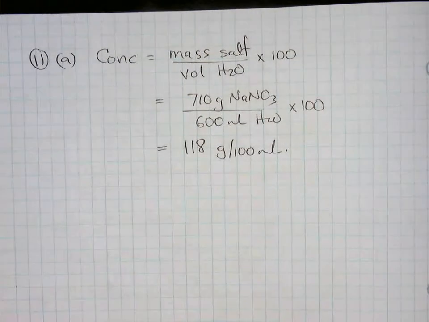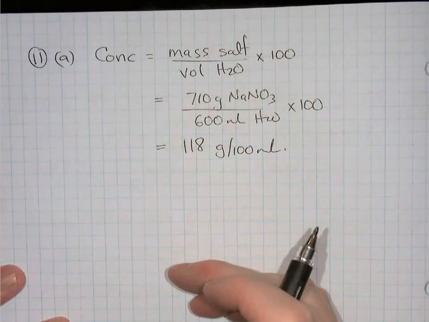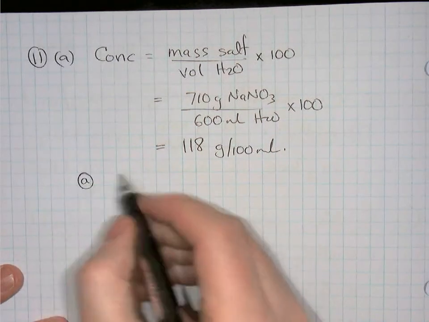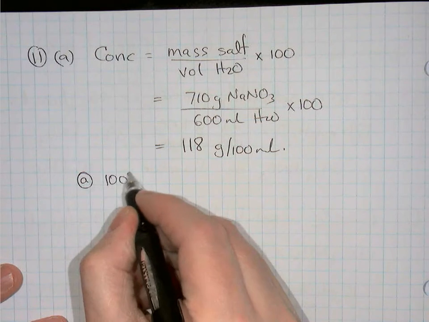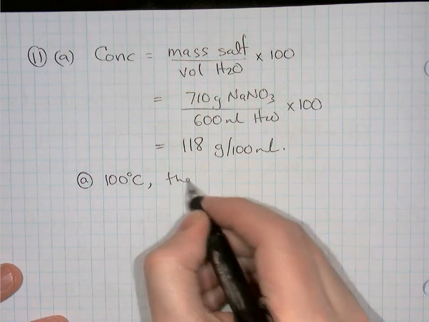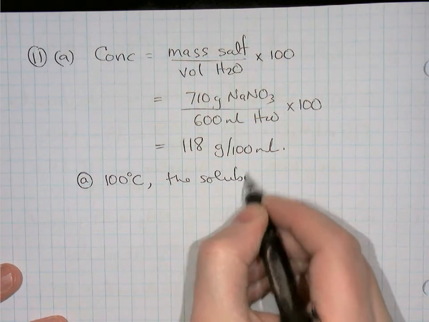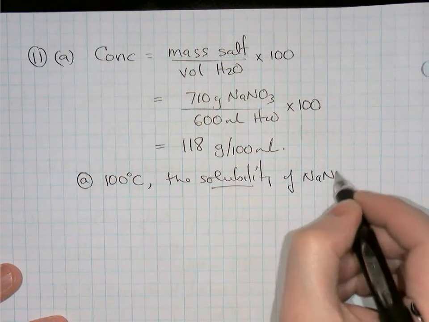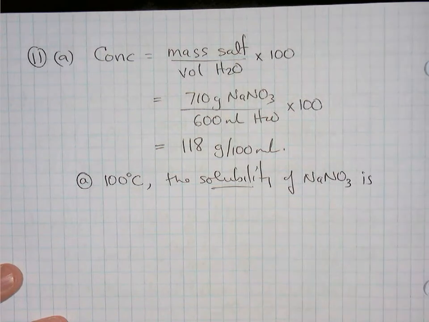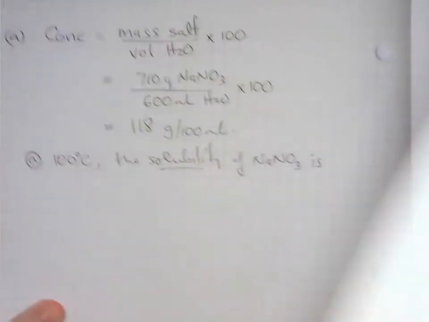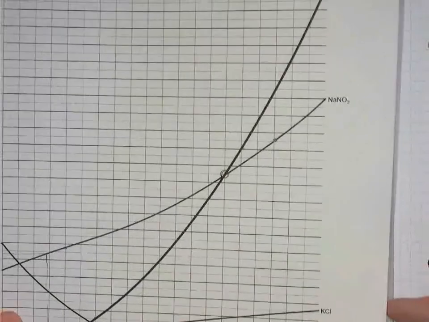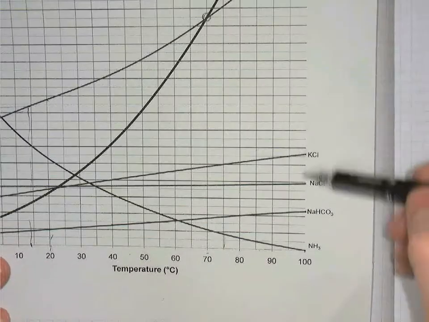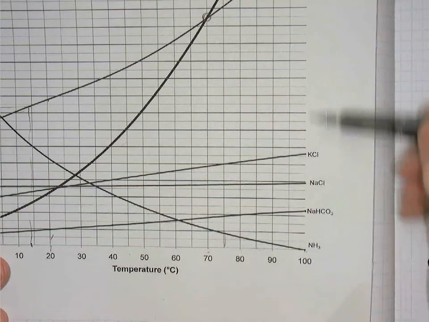So show that the solution that the student has made is not saturated. Well, we're going to look on our solubility chart. The water was boiling, so we can say at 100 degrees Celsius, the solubility of sodium nitrate is, and pause the video if you want to look that up yourself. So sodium nitrate is right here. 100 degrees Celsius is that temperature right at the very end of the graph.